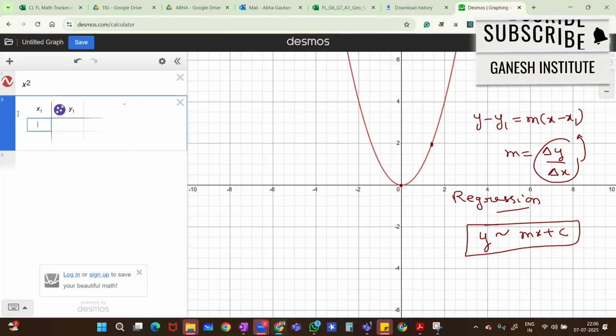Now you choose any of the points which you think can lie on the periphery. We can of course change them later on. So let's say I have x1 0.7 and y1 1.7.